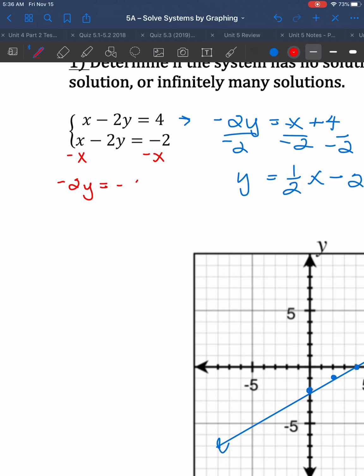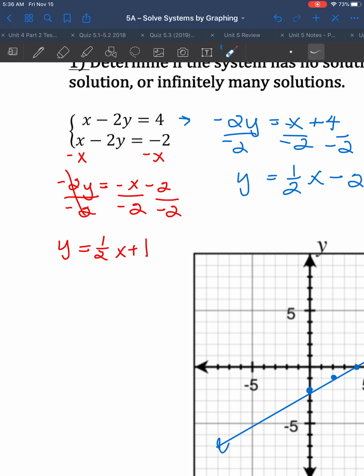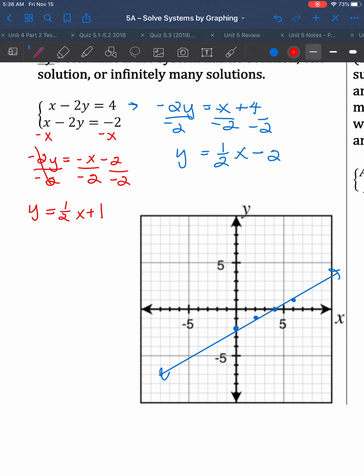So these both first need to be solved for y. Y equals 1/2 x plus 1. So if you notice right away that their slopes are the same, that would be fine. But you can also just graph so you can get that full picture.